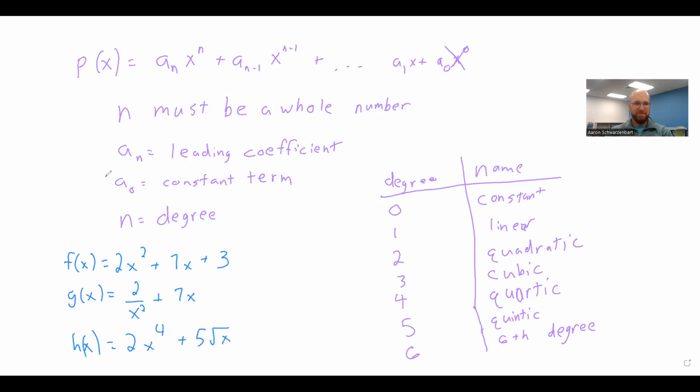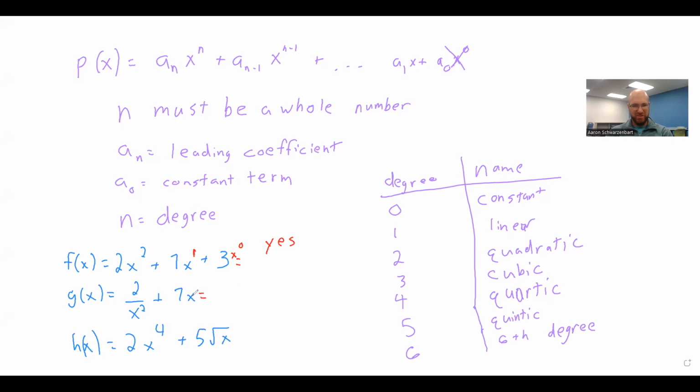So the first one, polynomial. My power is a 2. My power here that's not written is a 1. And this is an x to the 0. Those are all whole numbers. 2, 1, 0 are whole numbers. Yes.